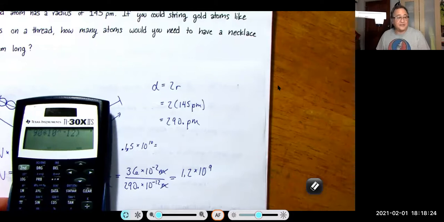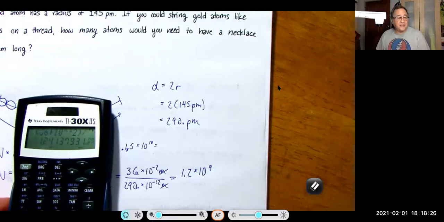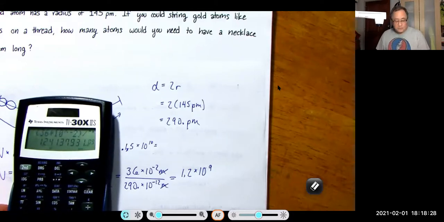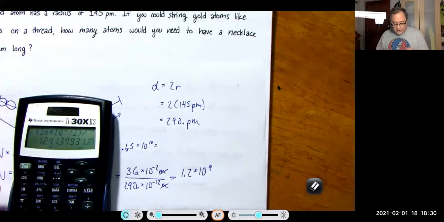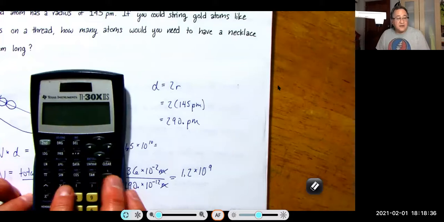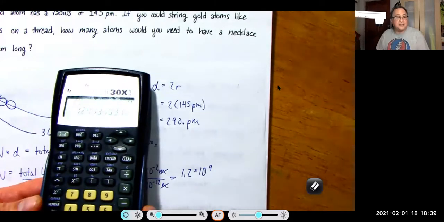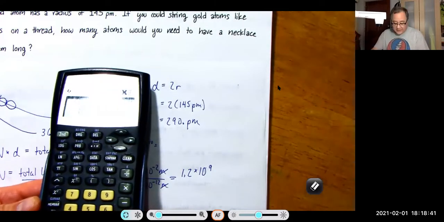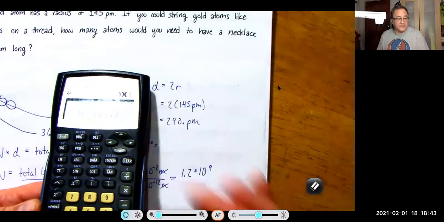Let's see if it does. And it gives us the same answer. But we had to do a lot more work to do it this way than to use the EE button. So on this calculator, the EE button is right here above the X to the negative 1. And to get to it, I hit second and then that, and that gives me the EE button.